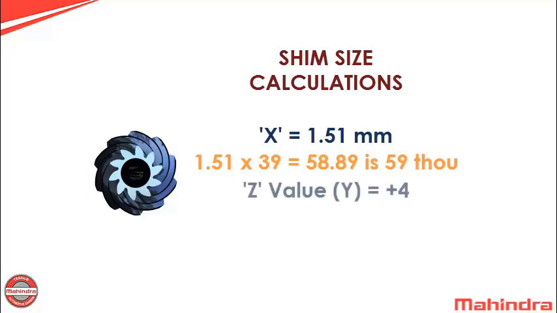Z value etched on pinion top Y is equal to plus 4. Then final shim size is X minus Y, that is 59 minus plus 4, that is 55 thou.